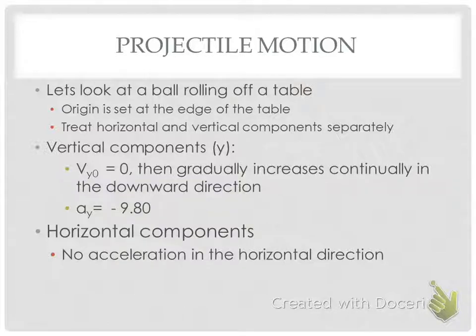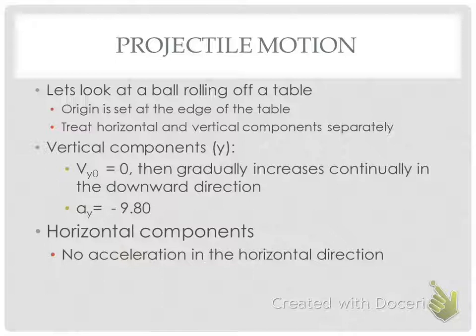Why do you think that's the case? As things fly through the air, do they randomly speed up or slow down in the horizontal direction? No. They always keep going, but technically they're going downward. We're assuming no air resistance, no friction, and we're only looking at the point when it's in the air.